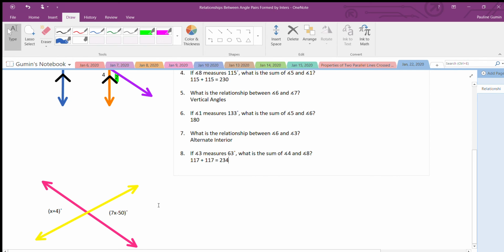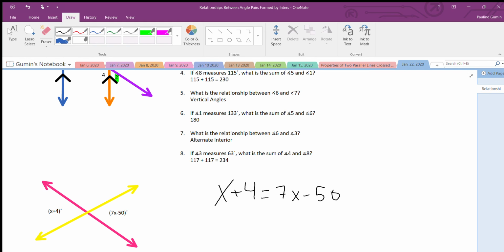Okay. This is an intersection of 2 lines, so that means it created 2 sets of vertical pairs. There's a vertical angle with this vertical angle. They're across from each other due to an intersection, which means I can set x plus 4 equal to 7x plus 50 minus 50. All right, let's solve this.